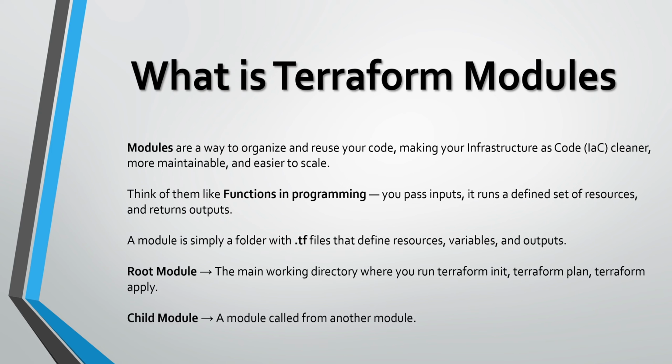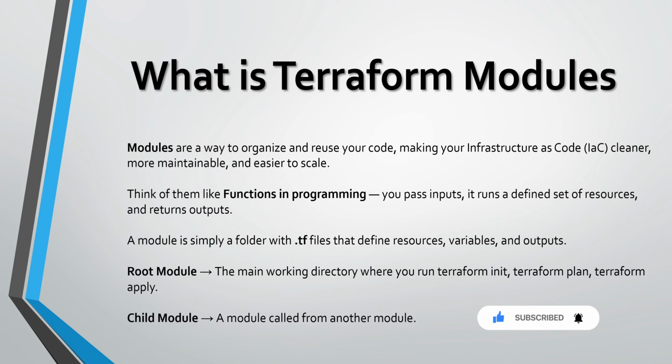So that is the module, and a module is simply a folder with .tf files that define your resources, variables, and outputs. In this case, variables are the parameters of the module and outputs are the output of the execution of your module.